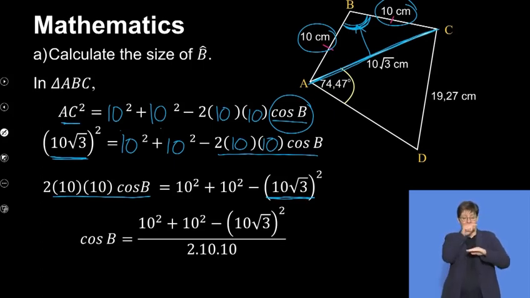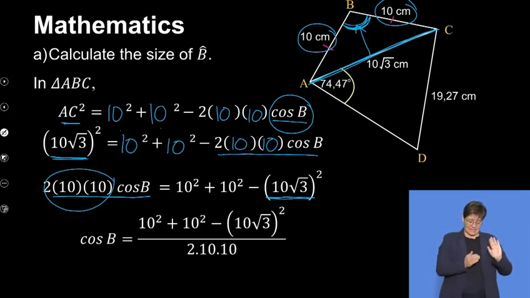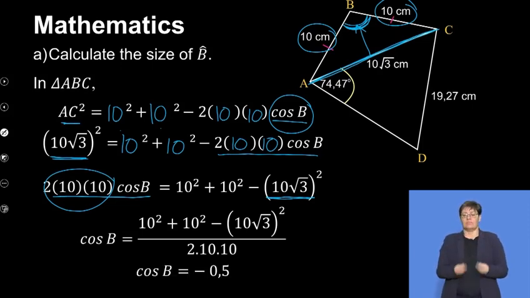Okay, and now we're just going to divide by that, because we're looking for cos B. We want to isolate the cos B, so we isolate the cos B, and we divide by 2 times 10. Put this answer into our calculator, and we're going to end up with cos B equals minus 0,5. Remember again that we are looking for B, so we've got to use our calculator.